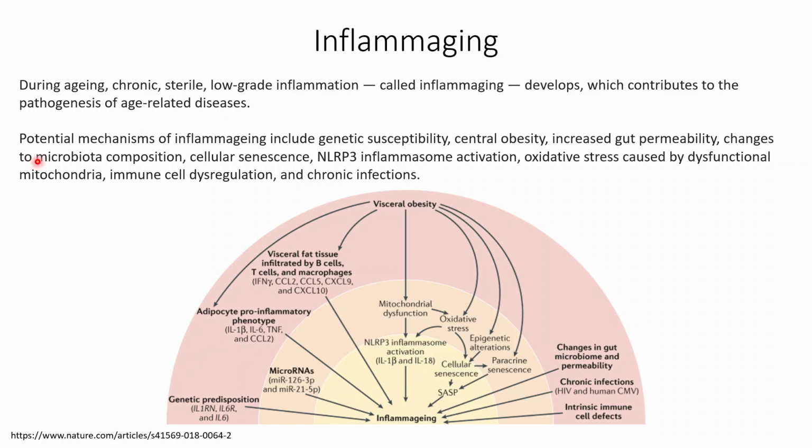So some potential mechanisms of inflammaging include genetic susceptibility, central obesity, increased gut permeability, changes to microbiota composition, like I mentioned, dysbiosis, cellular senescence, then you have inflammasome activation, oxidative stress because you have dysfunctional mitochondria, immune cell dysregulation, and chronic infections. So all of that is sort of encompassed over here.